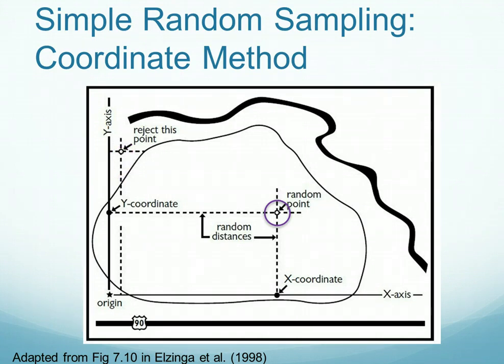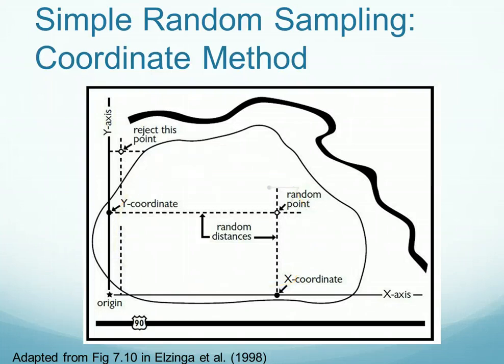we would reject it. One of the disadvantages of the coordinate method, especially if we're using transects, is it's possible to locate an XY coordinate that exists in the area, but that would put the transect outside of the area of interest. If we reject those points, we have effectively reduced or shrunk the area that we're studying to accommodate those lost units.